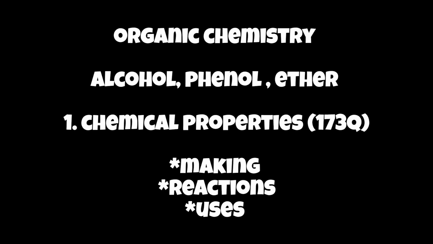Now comes your 7th chapter, alcohols, phenols and ethers. So friends, in this also you have to do the important chemical properties of alcohols, phenols and ethers. Apart from this, 173 questions have been asked in your board exam in the last 10 years. And this is your important topic in this.